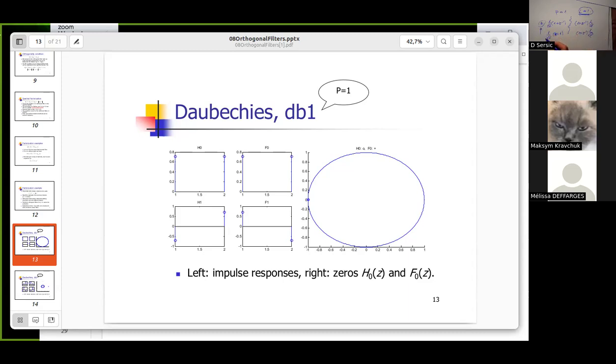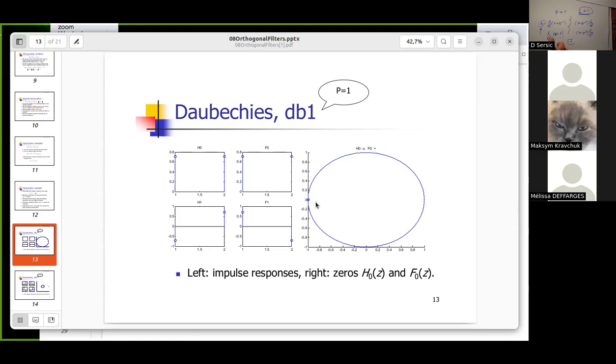If you multiply it by z, now the delay is 0, and we have the spectral factors. Each spectral factor has a root at -1. In the complex plane, its position is -1.